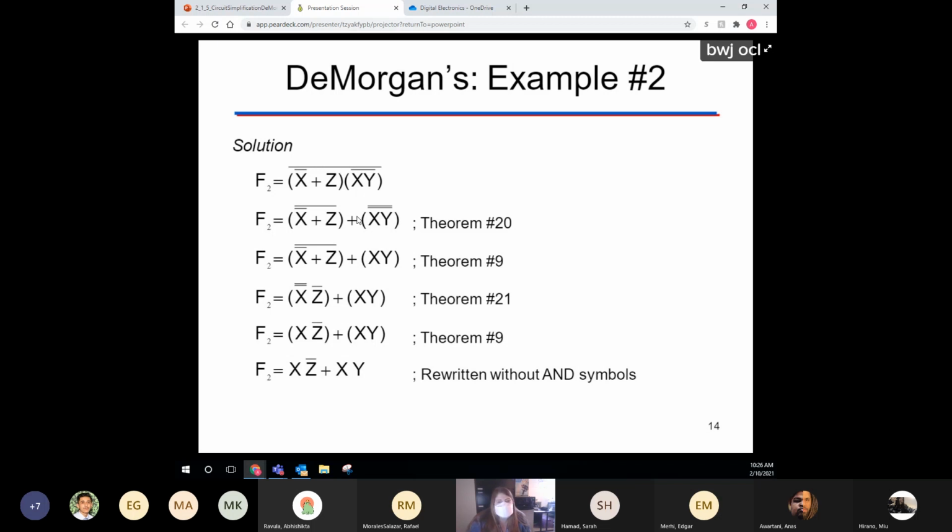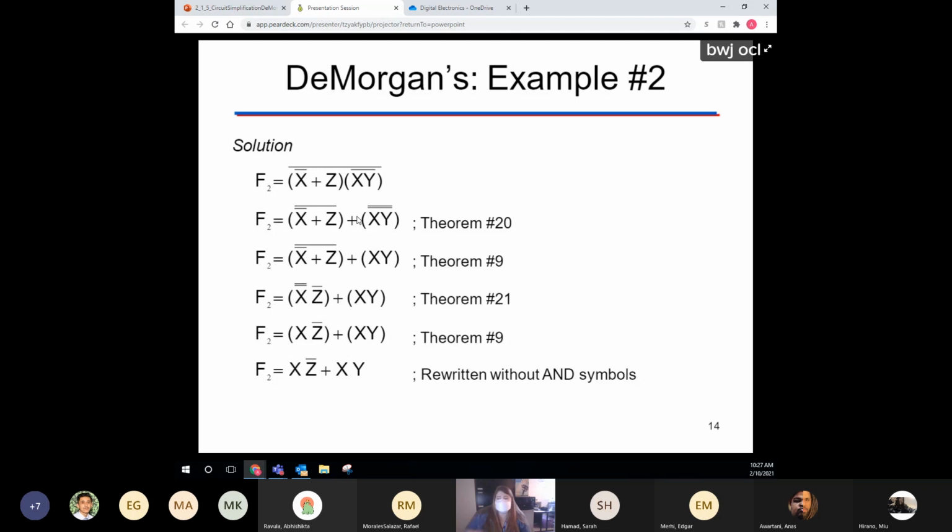And then on the right-hand side, we have that double bar, or the double negative over xy. Theorem number 9 tells us if we have a double inversion, we can just rewrite it as x times y. Then on the left side, we have not x plus z, that entire thing inverted. Usually when you have a bar over more than one term, you're going to have to use DeMorgan's.